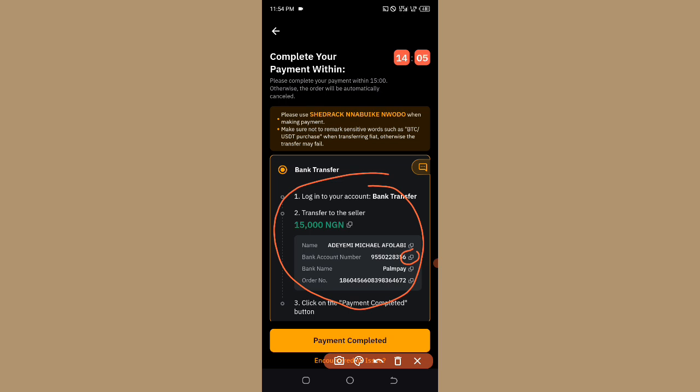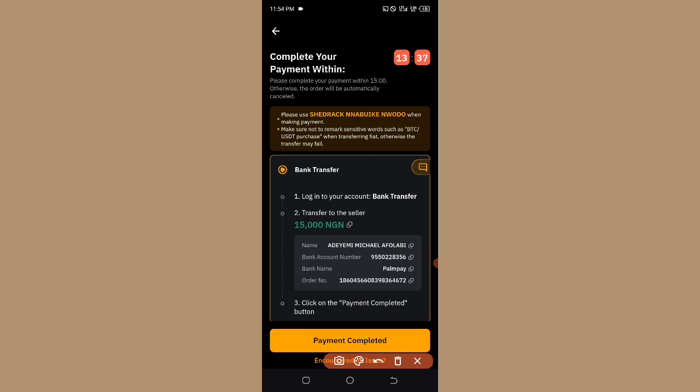You just have the account name in your head and then the person's name, and you go to your bank. So you go to your bank app. If you are using OPay, you go to your OPay. If you are using PalmPay, you go to your PalmPay and send money to this account.